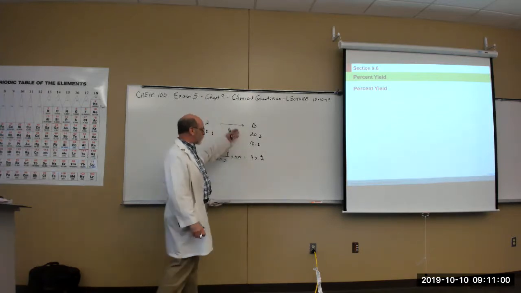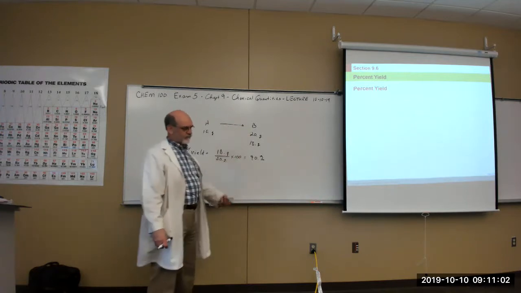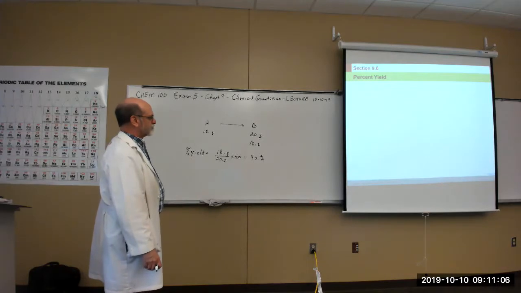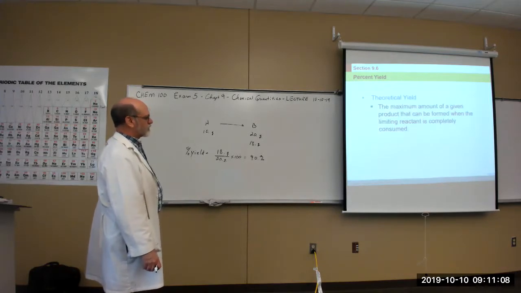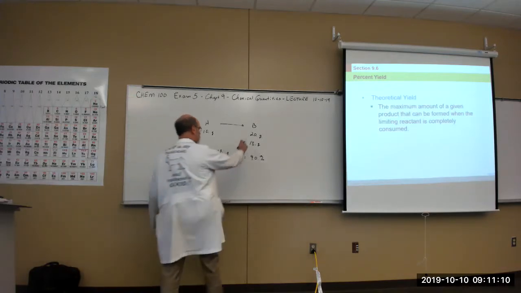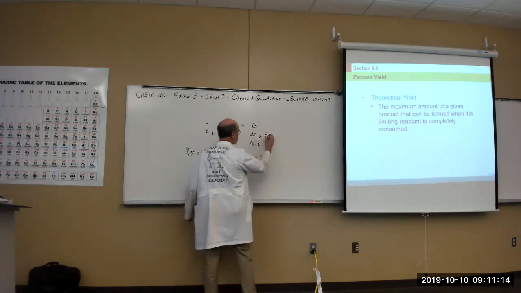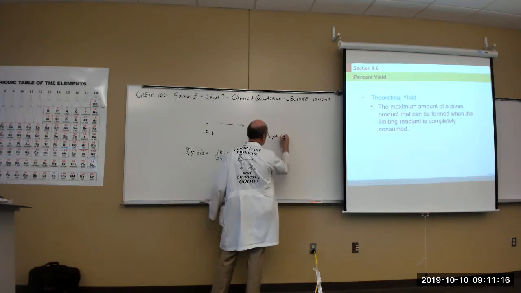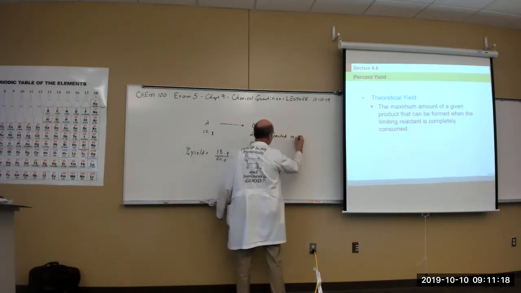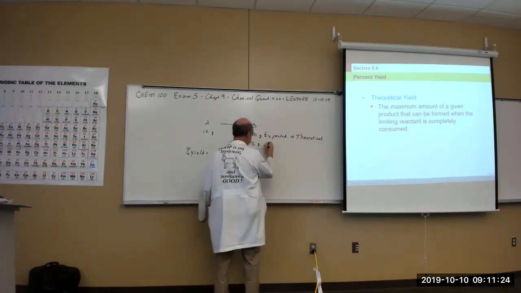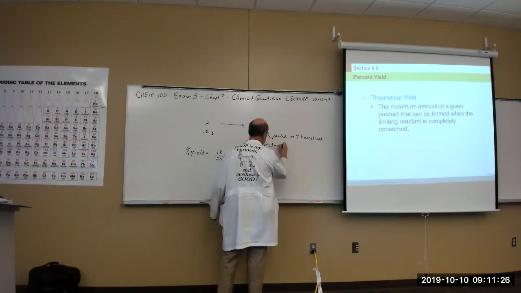We expected 20, but we only got 18. So this one is the theoretical yield, or expected yield, and this is the actual yield.